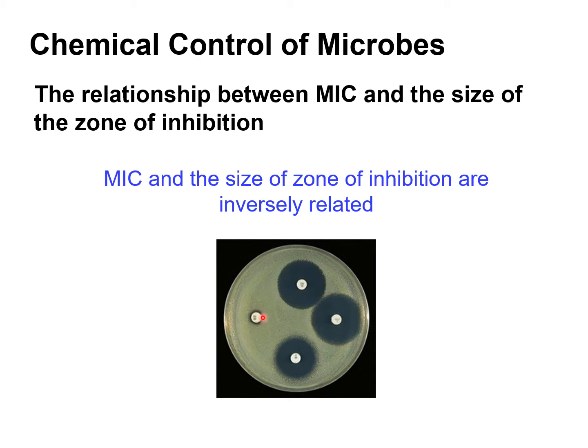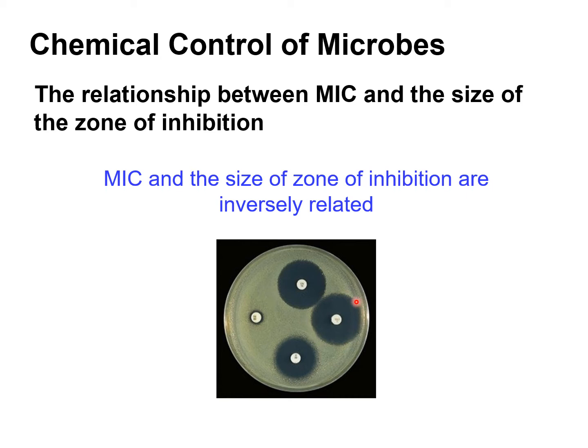So the concentration of the drug that diffused is really high. Versus the larger the zone, you know that the drug had the ability to diffuse further and further away. And remember how we said the more it diffuses away from the disc, the lower the concentration gets. And so we know that the larger the zone, the lower the MIC is going to be.